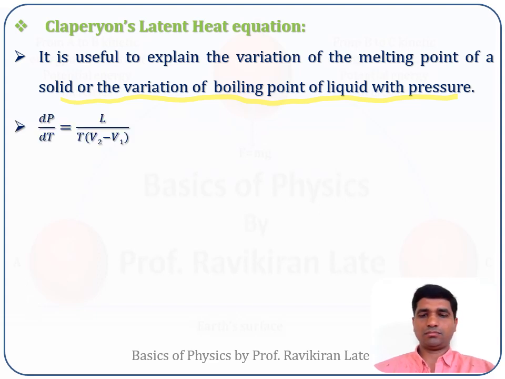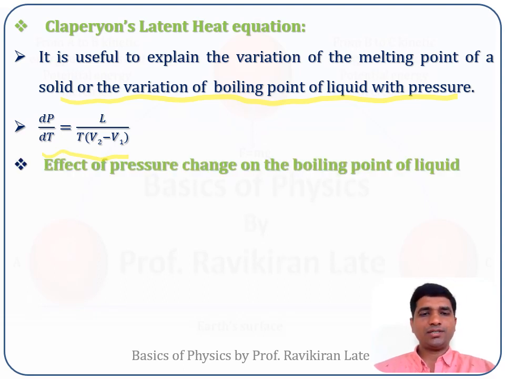This equation is applicable for substances which undergo a first order phase change. The latent heat equation is given by dP by dT is equal to L upon T times (V2 minus V1). Here dP is the change in pressure, and dT is the change in the melting point or boiling point of a liquid or solid.